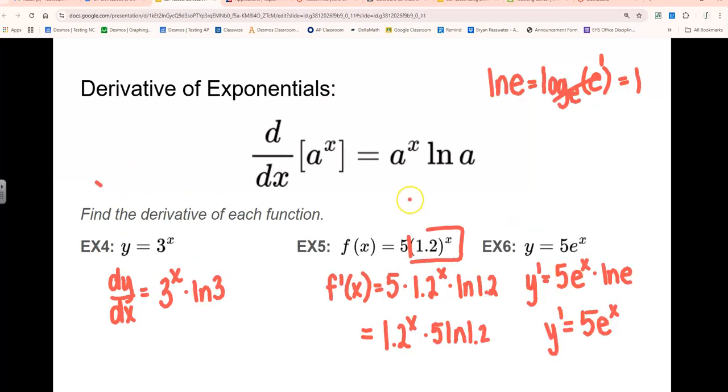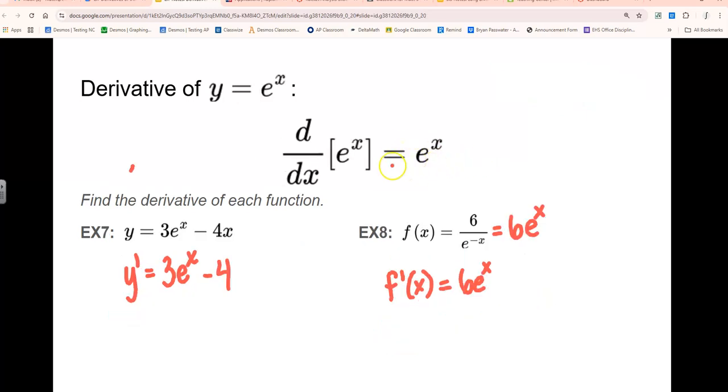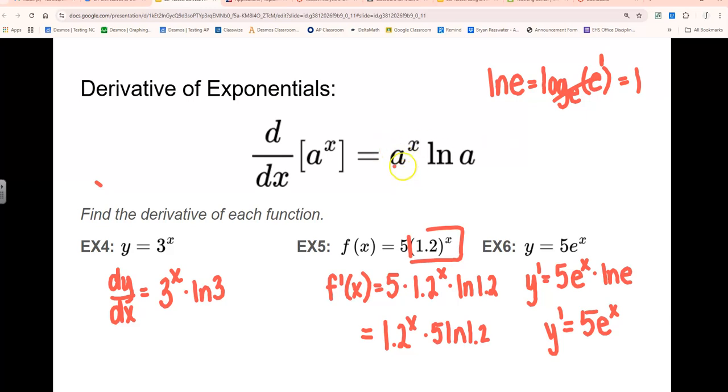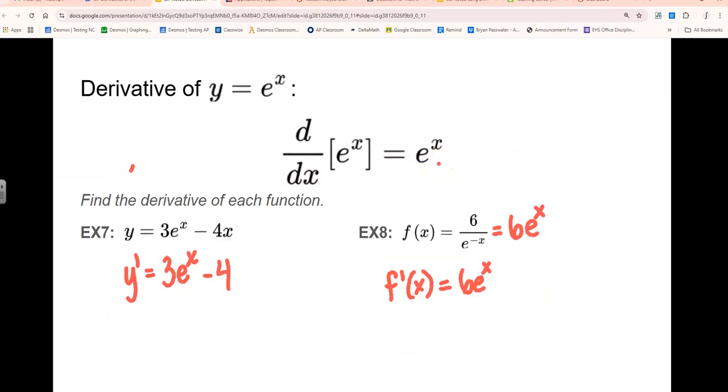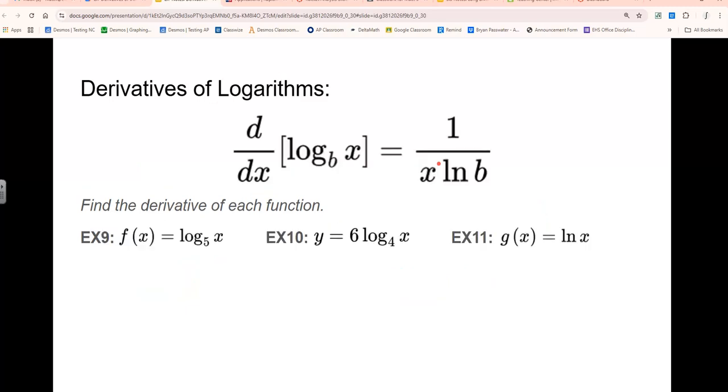So these really aren't different rules. Our a to the x, natural log of a, and our e to the x, the first rule still applies. It's just we can simplify it in that particular situation. And we see this most often, so we want to do that. And we're going to see something similar in our next step.